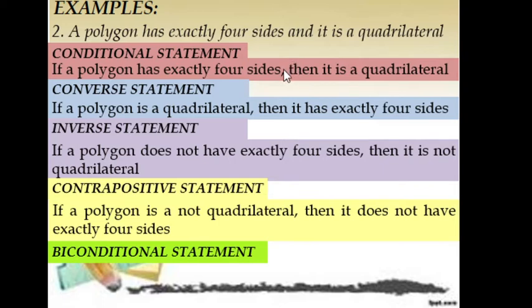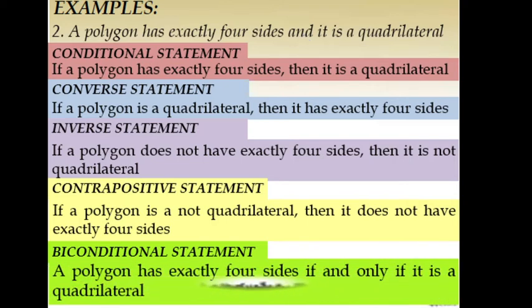And dito natin sa part na ito, ilalagay yung kanyang if and only if. Kapag naman ang gagamitin natin ay yung given statement, itong and, papalitan natin ng word na if and only if. So, the biconditional statement, a polygon has exactly 4 sides if and only if it is a quadrilateral.